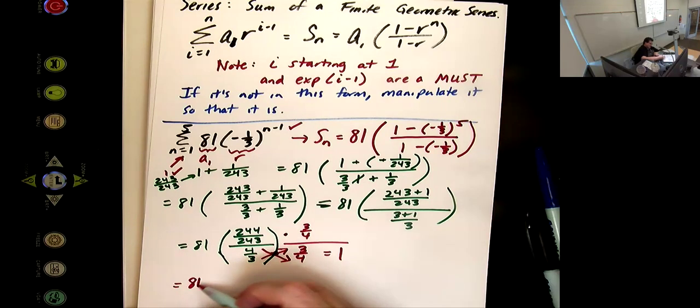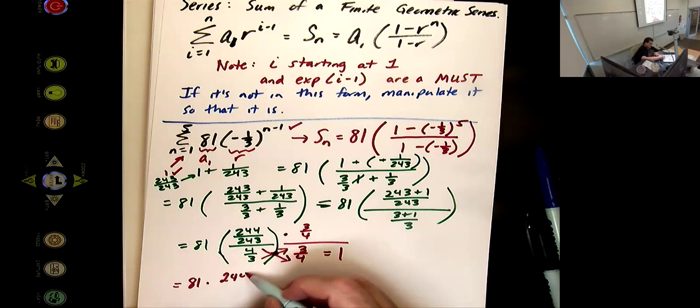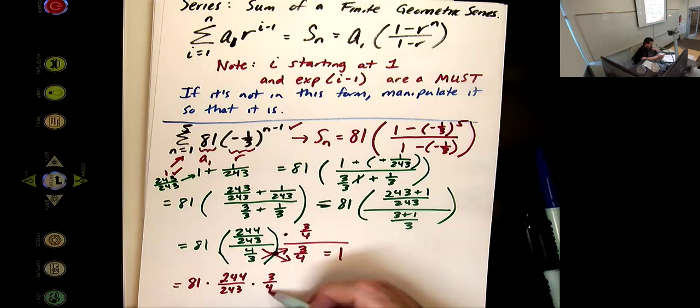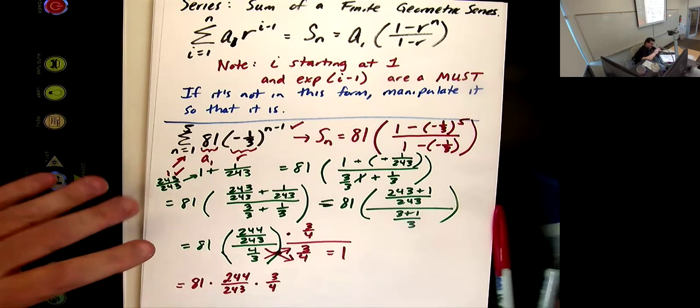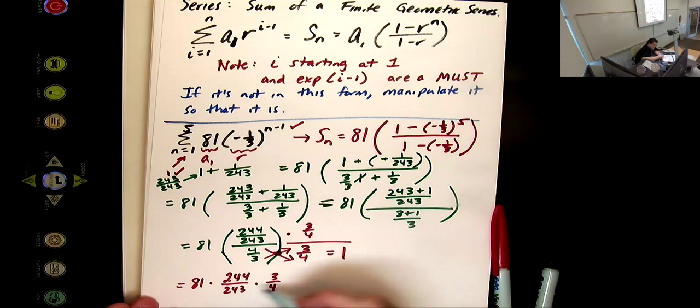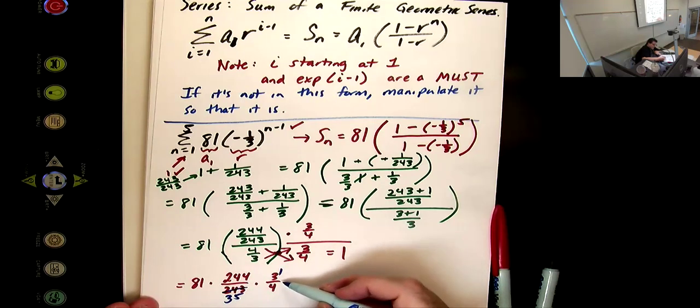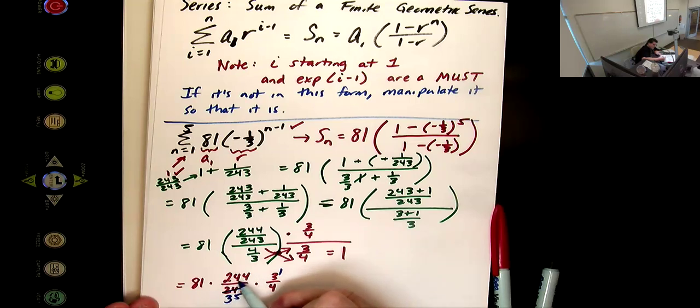So this ends up being 81 times 244 over 243 times 3/4. Now, I don't know if this helps any, but I know this was 3 to the 5th power. And that's 3 to the 1st power. And 244, does 4 go into 244? 61.